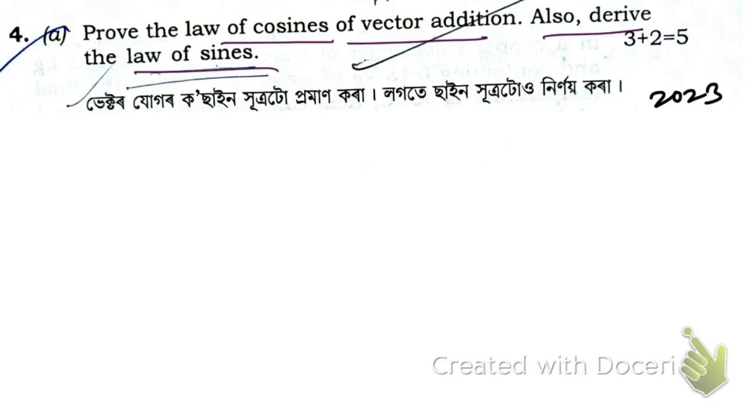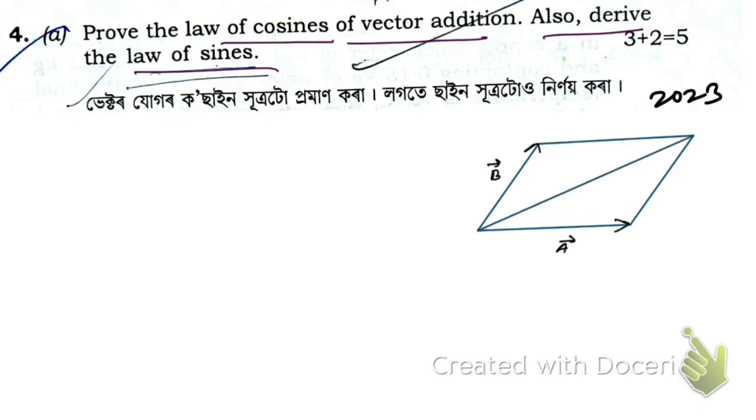Okay, here you see, suppose this is one vector, this is another vector, this is vector A, and this is suppose vector B, and now let me complete the parallelogram. Okay, so this is vector A, this is vector B, then the resultant will be given by this diagonal.